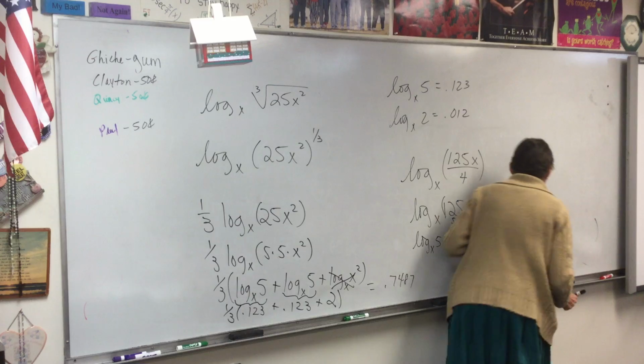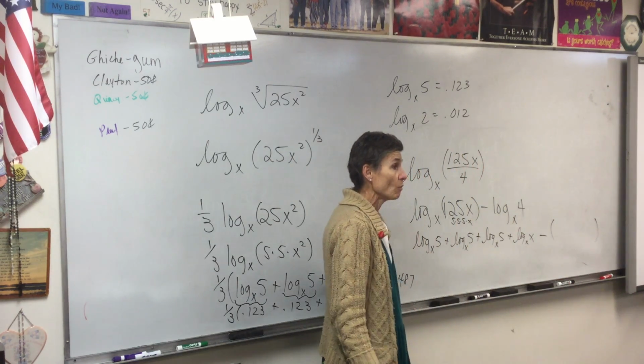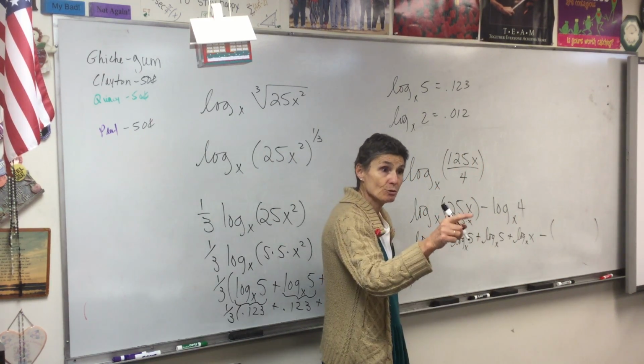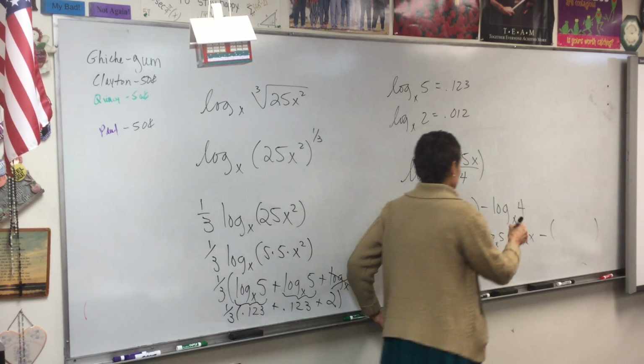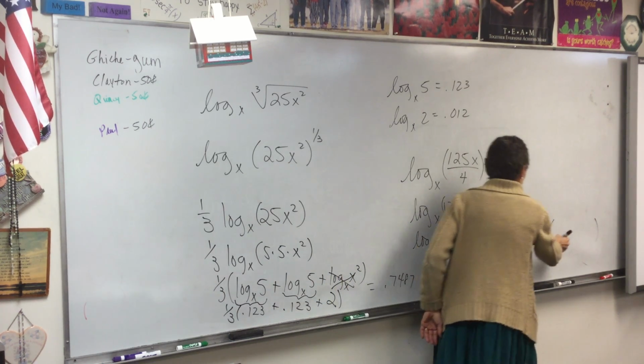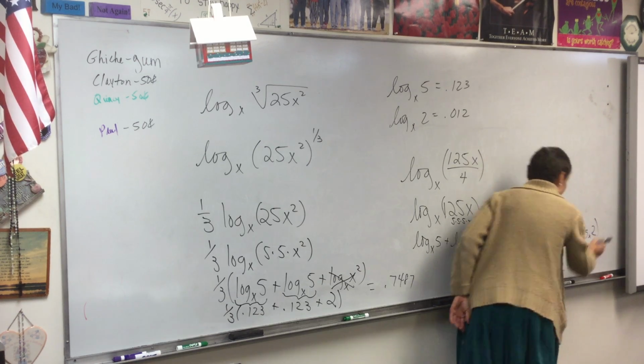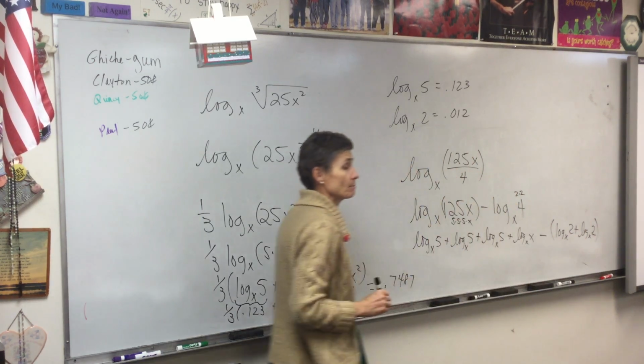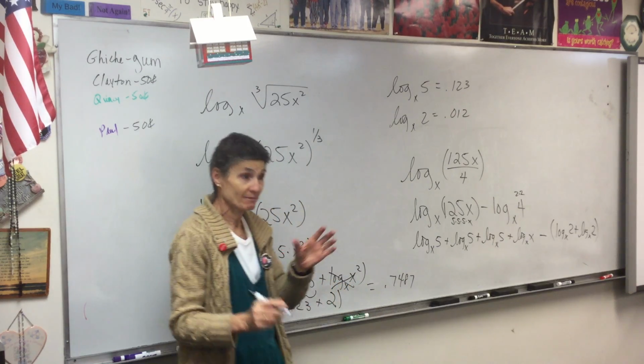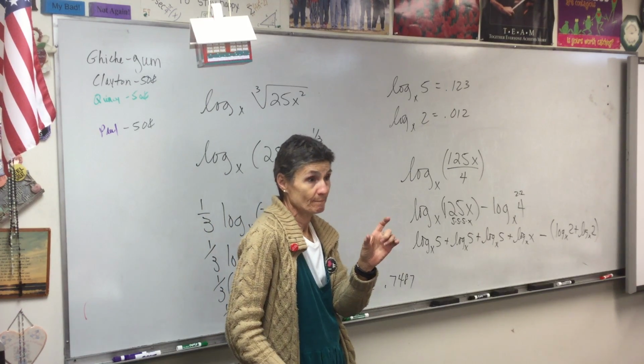Minus what? What am I going to do with the log base x of 4? It's log base x of 2 times 2. So that will be the log base x of 2 plus the log base x of 2. Now notice it's in parentheses because I am going to have to subtract that whole thing, right?